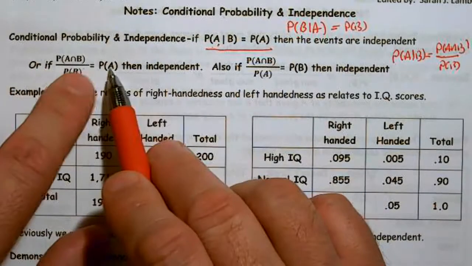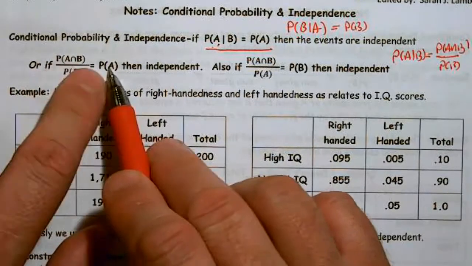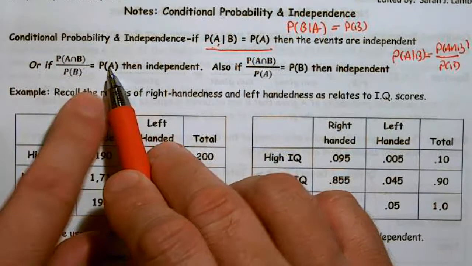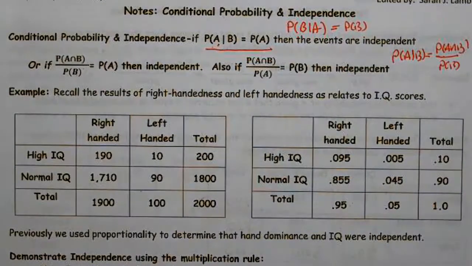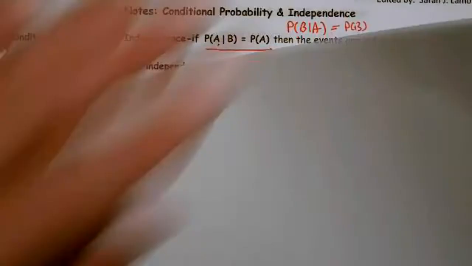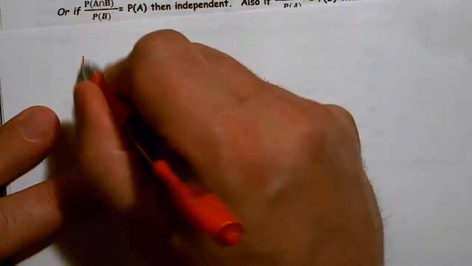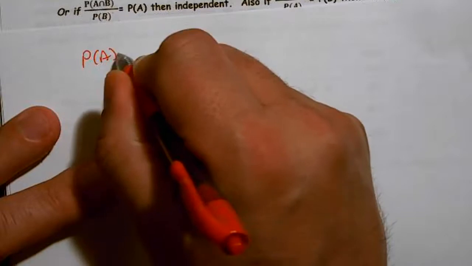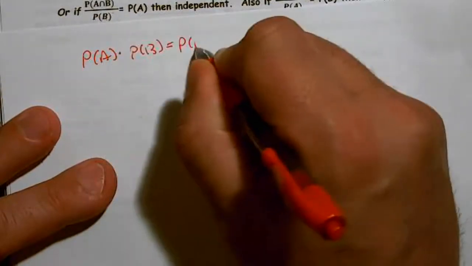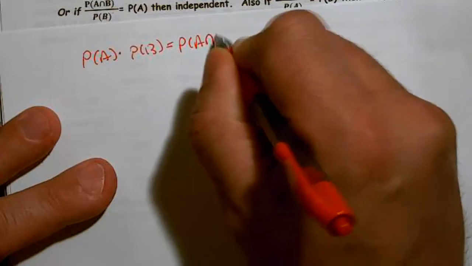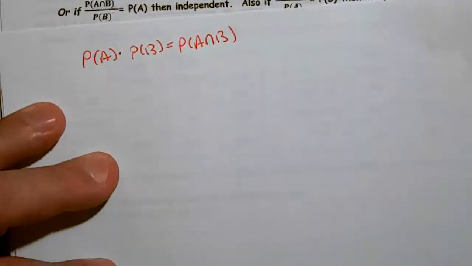Well, what's interesting is that this makes sense, because what was our multiplication rule for independence? The probability of A times the probability of B equals the probability of A and B, and that was true if they're independent.